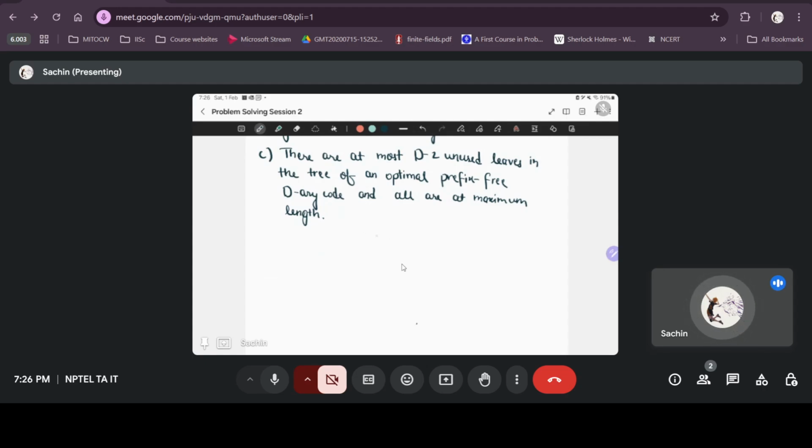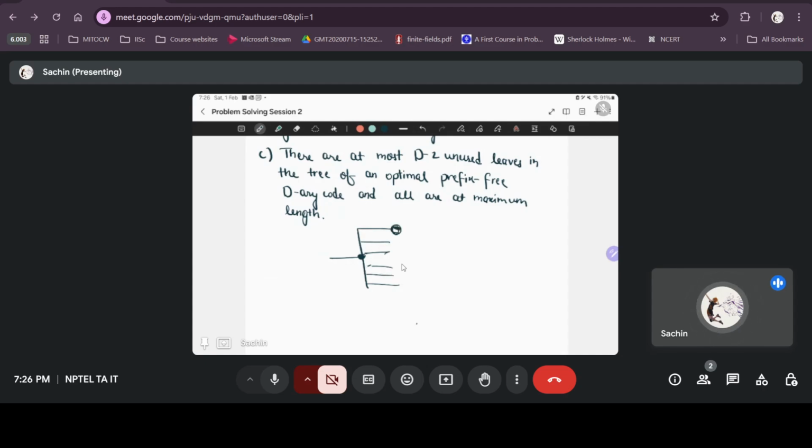Once that is out of the way, if there are D minus 1 or D unused leaves at maximum length, then you could swap the code words around at maximum length such that all those unused leaves originate from the same node.